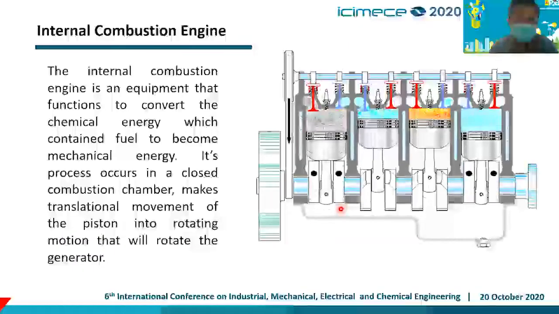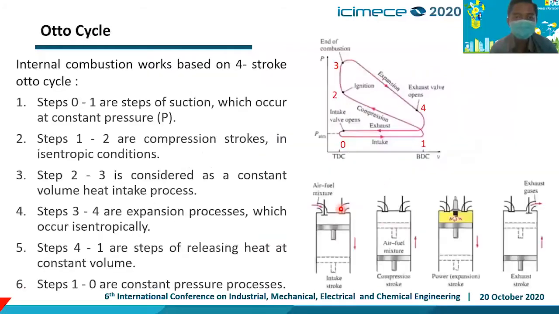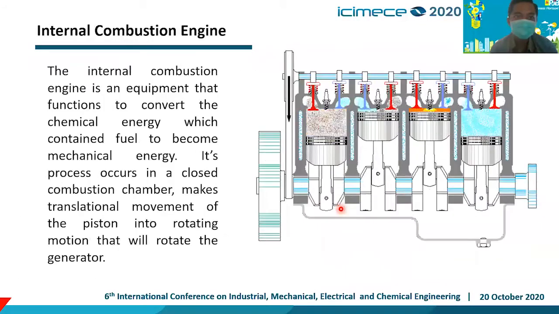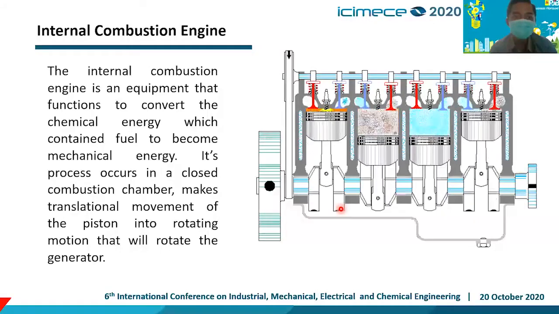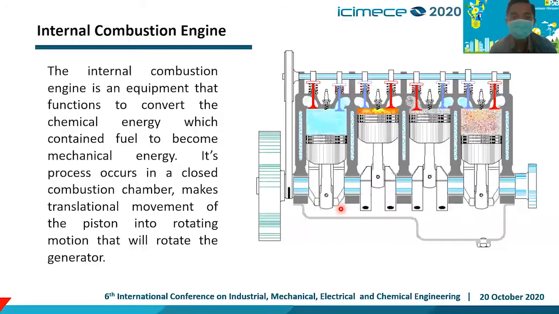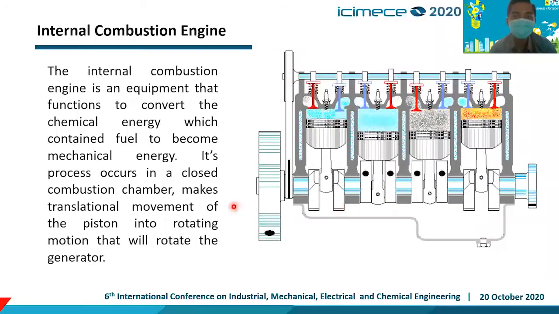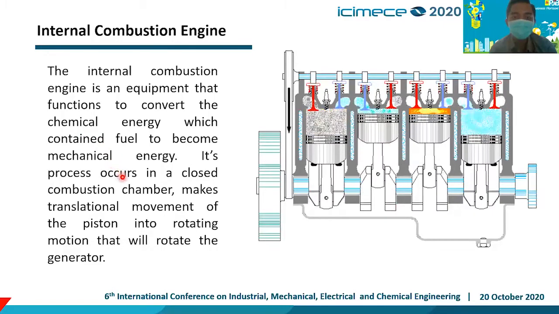Let's see the slideshow. Firstly, we want to share about the internal combustion engine. What is an internal combustion engine? The internal combustion engine is equipment that functions to convert the chemical energy contained in fuel into mechanical energy.